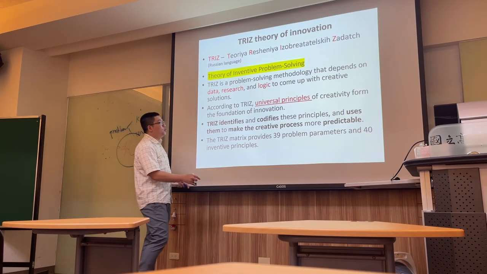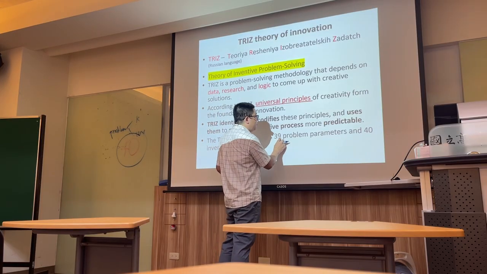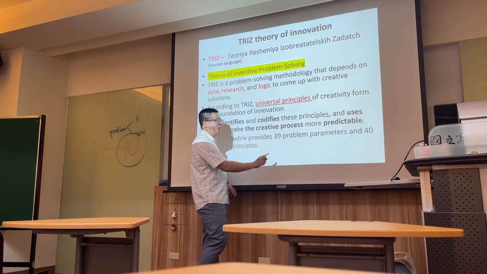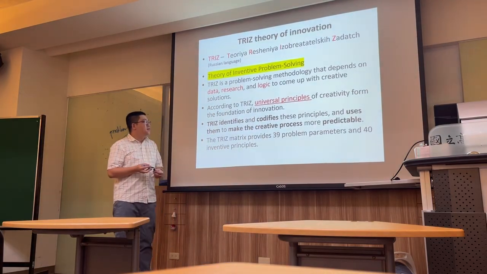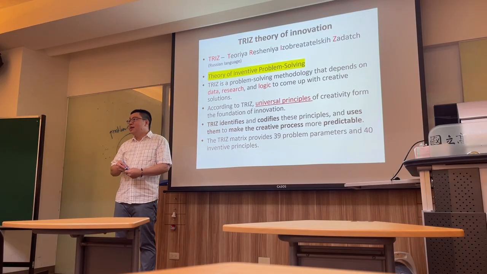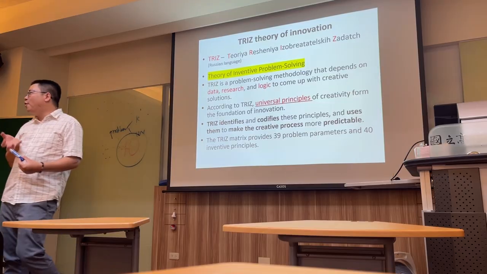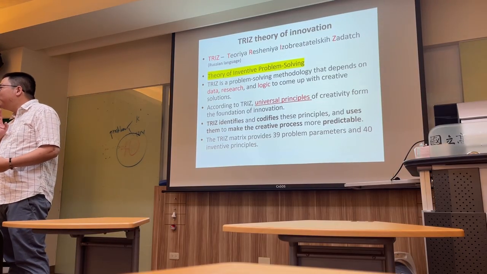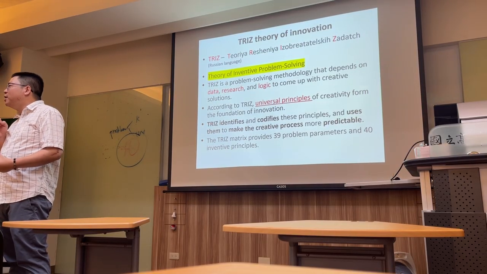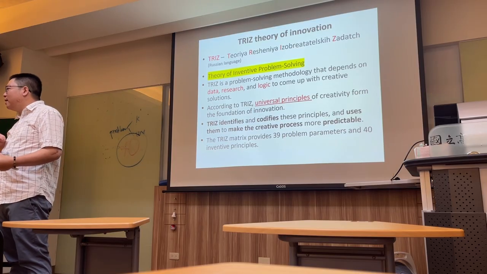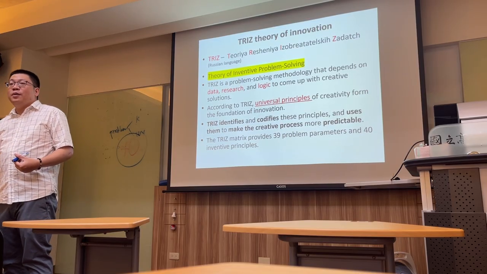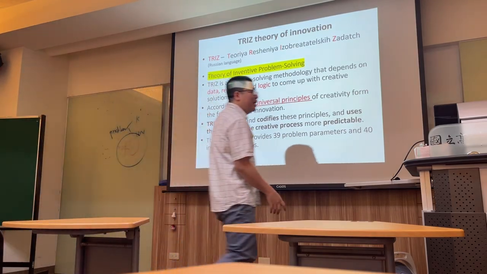So TRIZ provides you 39 problem parameters and 40 inventive principles. First thing, you need to understand the 40 principles. You don't need to remember them, no. You have to understand them. And right now I will provide you the path.